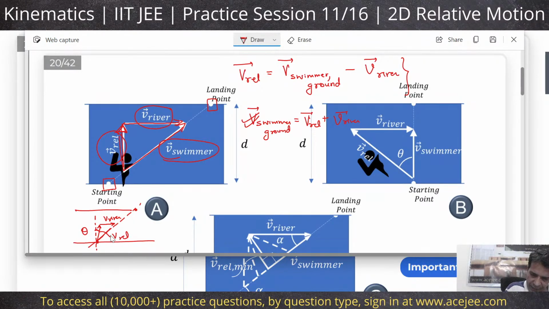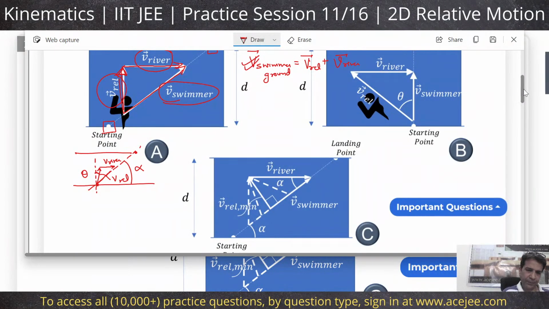If we are given this angle alpha, how would we do it? Can you tell me the expression for theta in terms of alpha, and of course V relative and V river? Once again, let me draw the velocity vectors. Theta in terms of alpha, V river, and V relative. Which angle is theta? The angle that the swimmer makes with the line perpendicular to the shore.